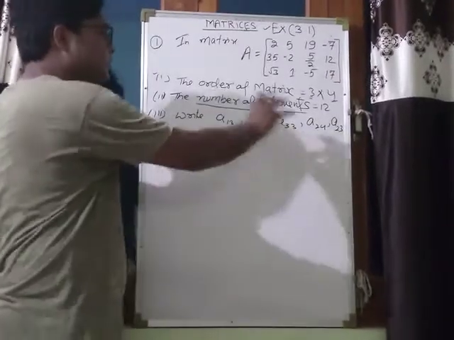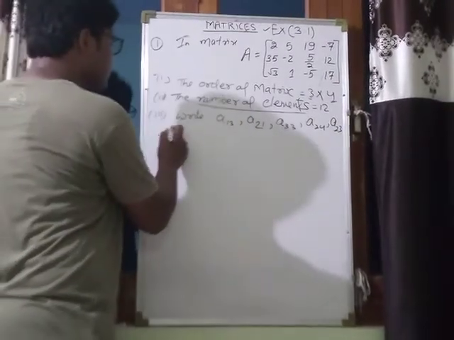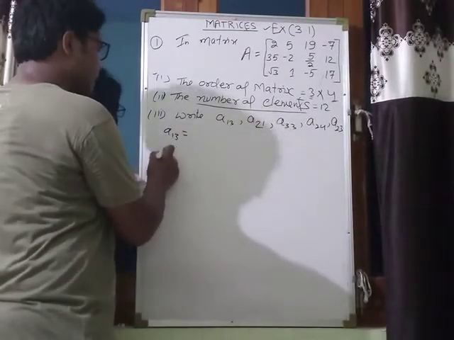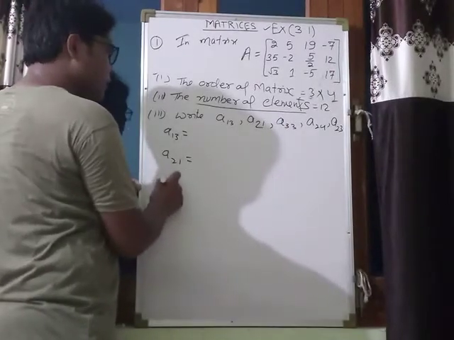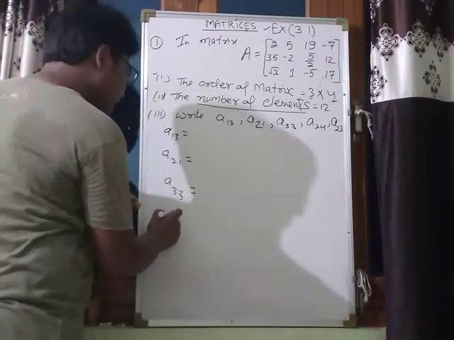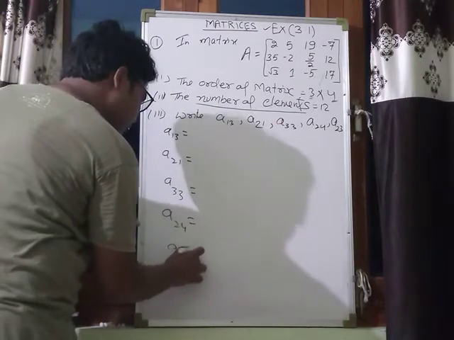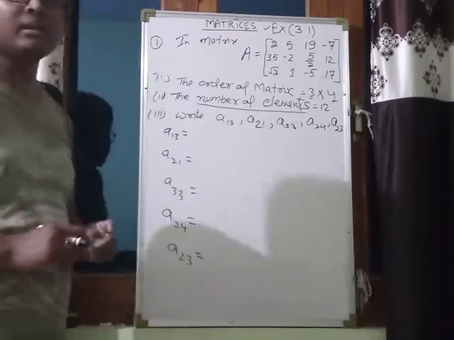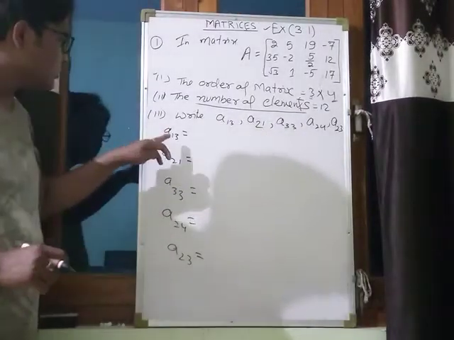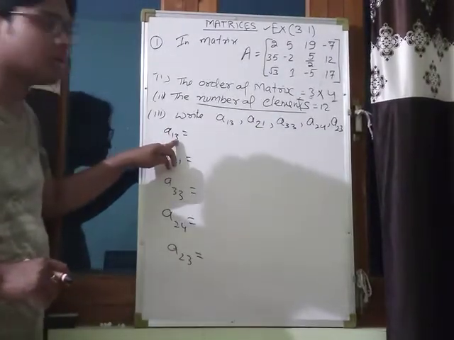Now, A13 is what? A21, which one? A33, A24 and A23. See, A13 means the entry related to the first row and third column.